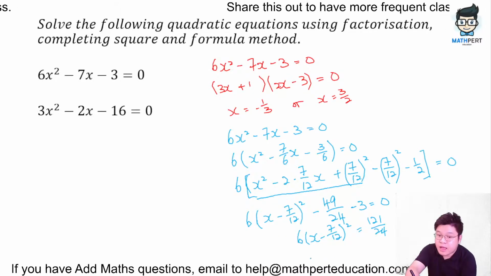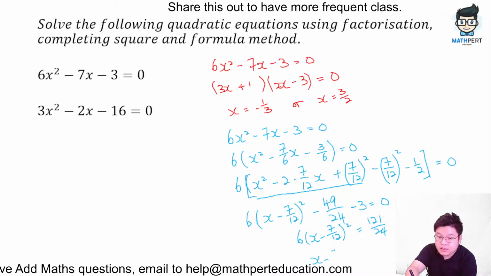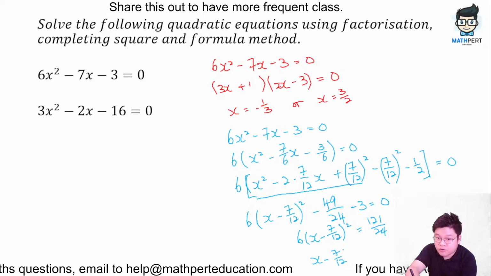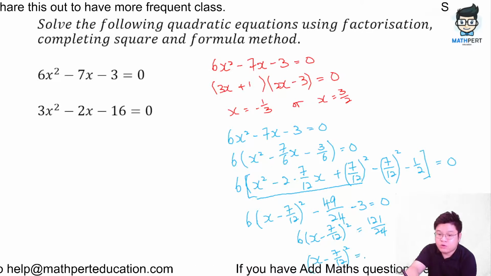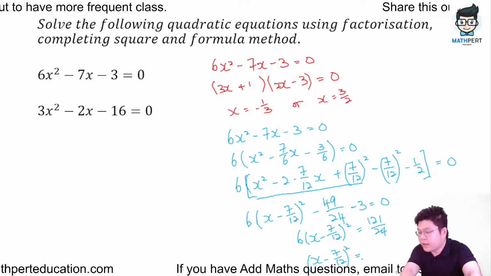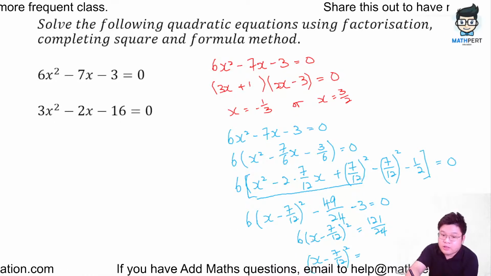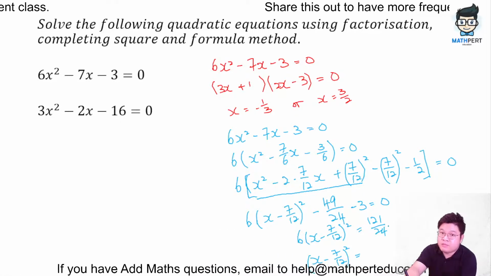It will become x minus 7 out of 12 squared equals to, okay, hold on. Can you see this? Okay, I think you can see this. So 6 move it to the other side. It becomes divide.